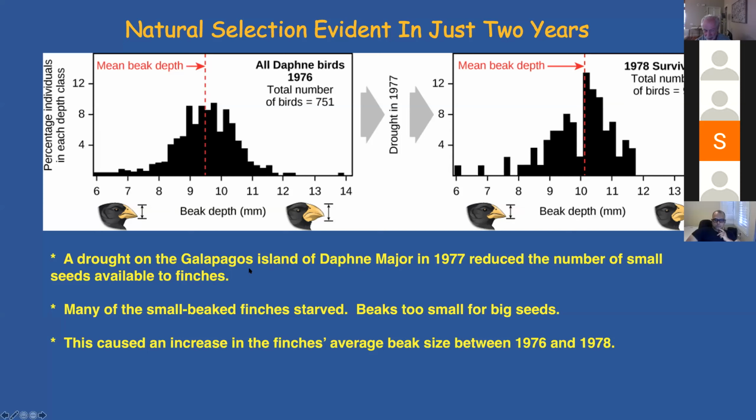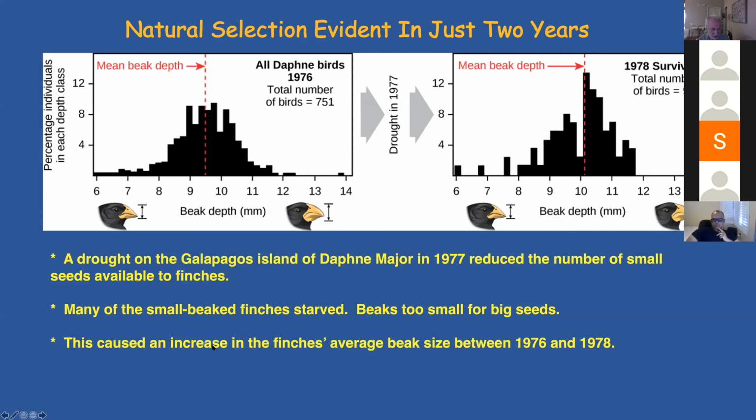And you remember that among the ground-dwelling finches, some had large beaks and ate big seeds, some had small beaks and ate little seeds. And so during this drought of 1977, the number of small seeds was reduced, and many of the small-beaked finches starved. Their beaks were too small to eat the big seeds, which was all that was available.